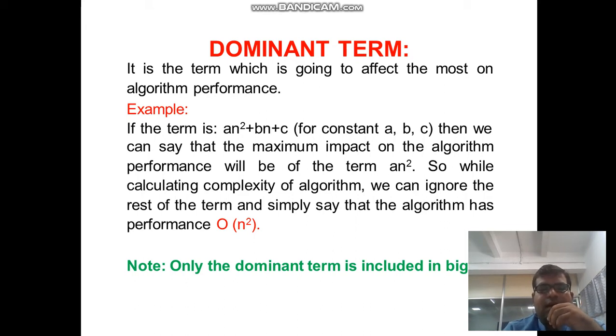Suppose our term comes like a n square, b n and c. Here a, b and c are constants. Here we see the first term is the dominant term. This is the highest term.